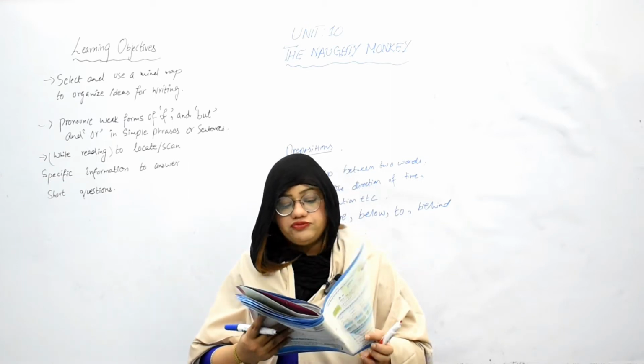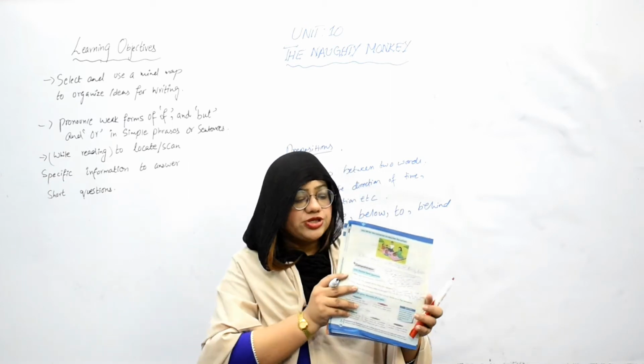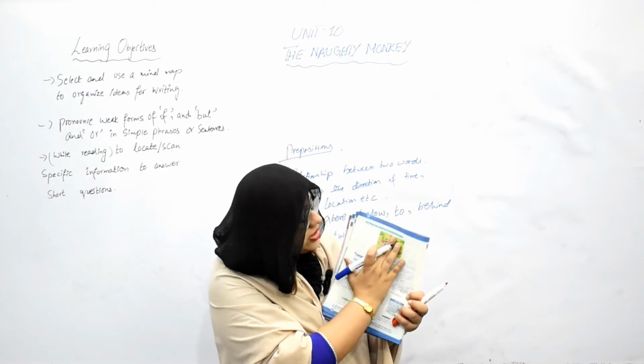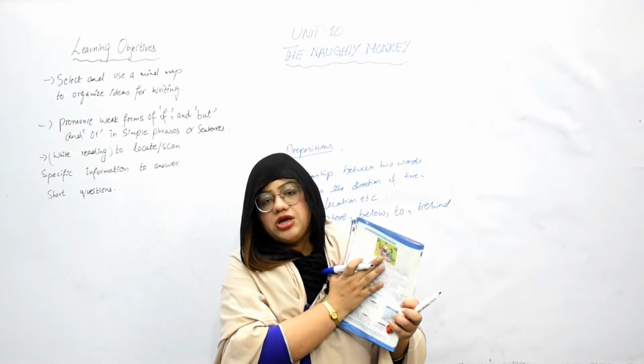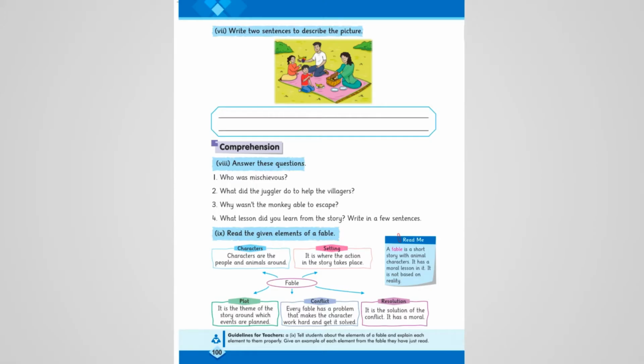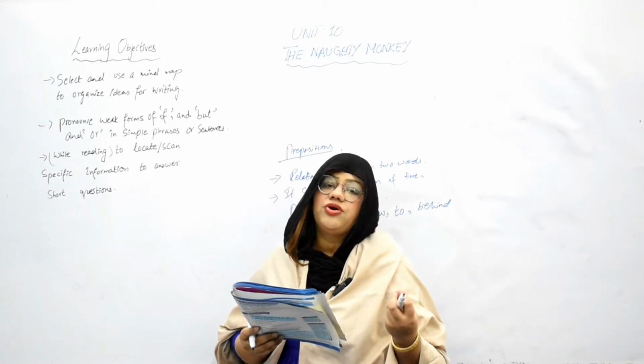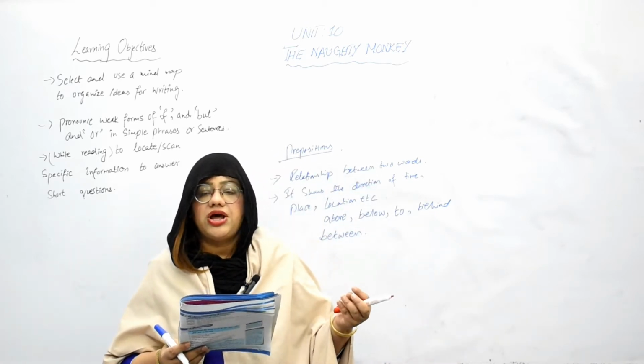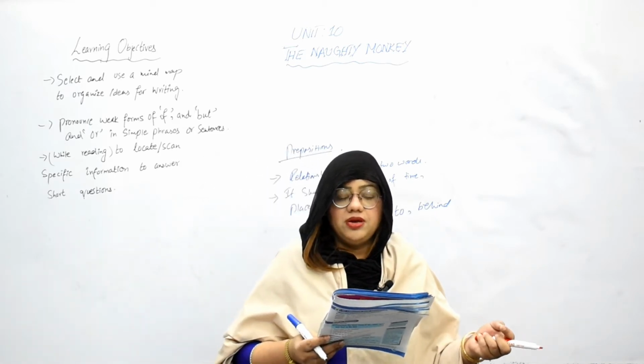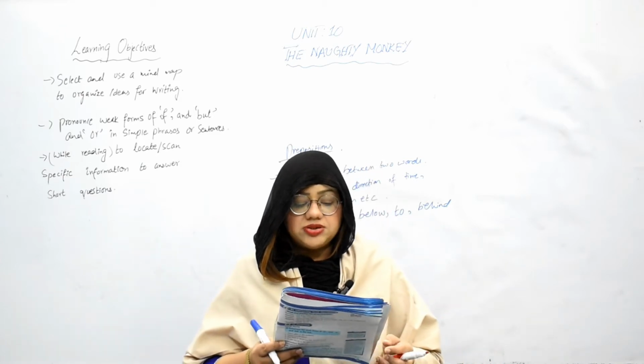So let's move, students. Look at this picture. Write two sentences to describe the picture. As you all can see on page number 100, there is a picture. Please describe this picture. How can you describe this picture? Please think.